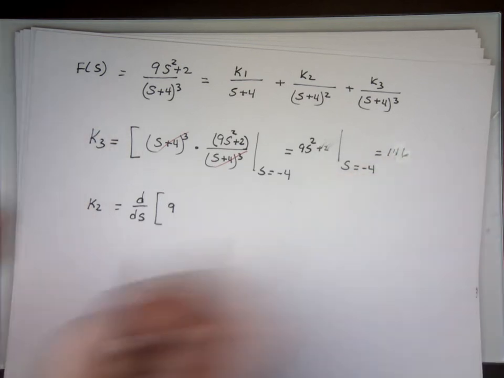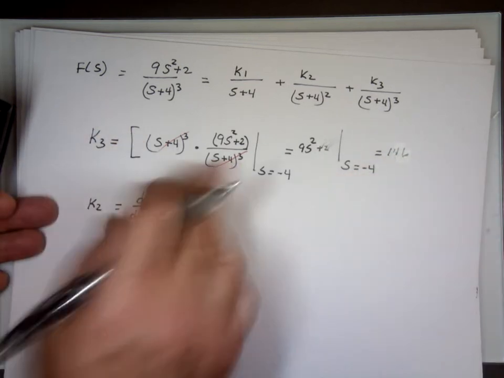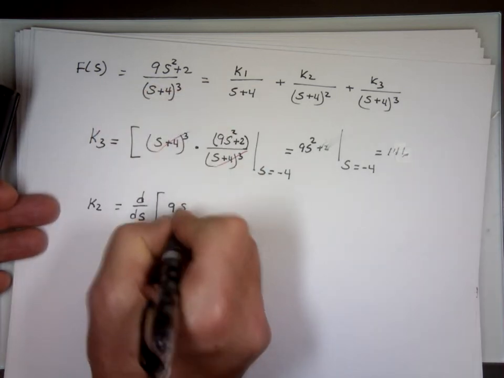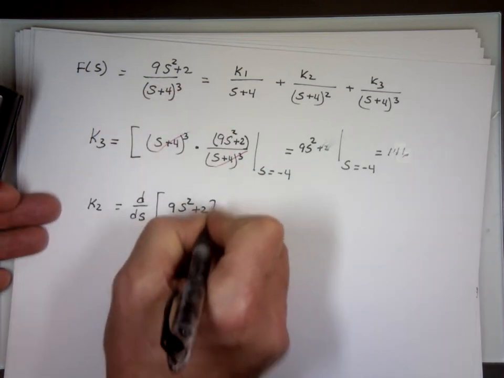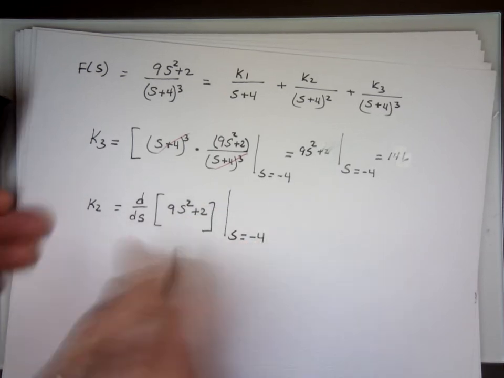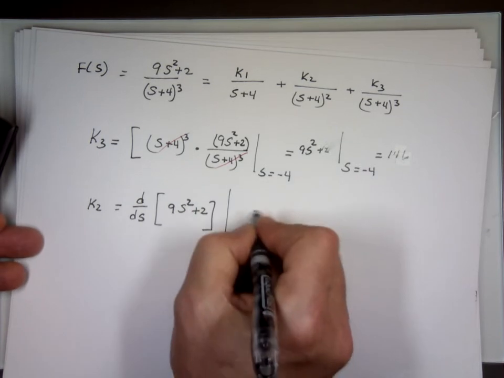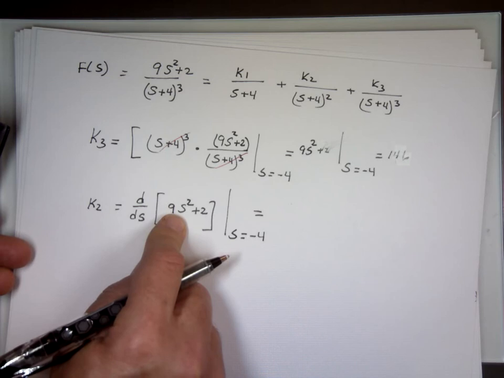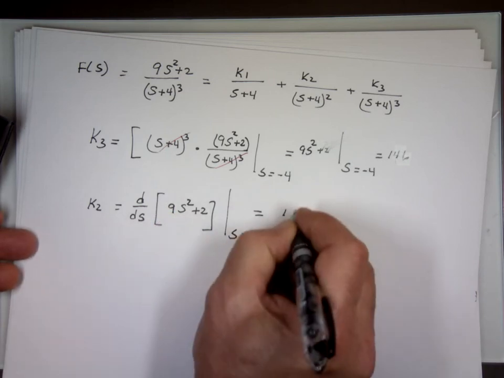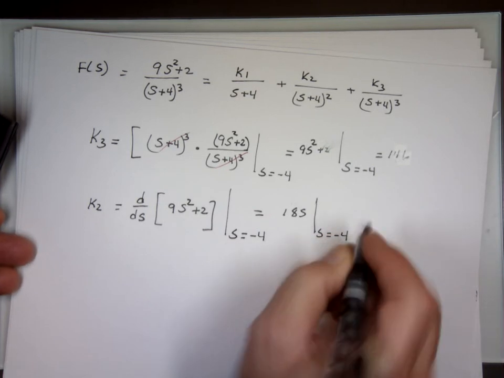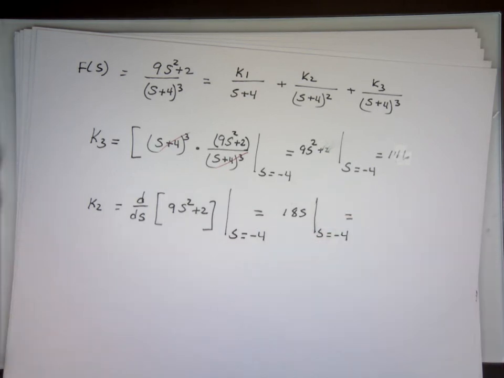We take the derivative of the remainder of that. When s equals what? Negative 4. Now what's the derivative of this? Isn't that 18s? When s equals negative 4. 18 times a negative 4, negative 72.